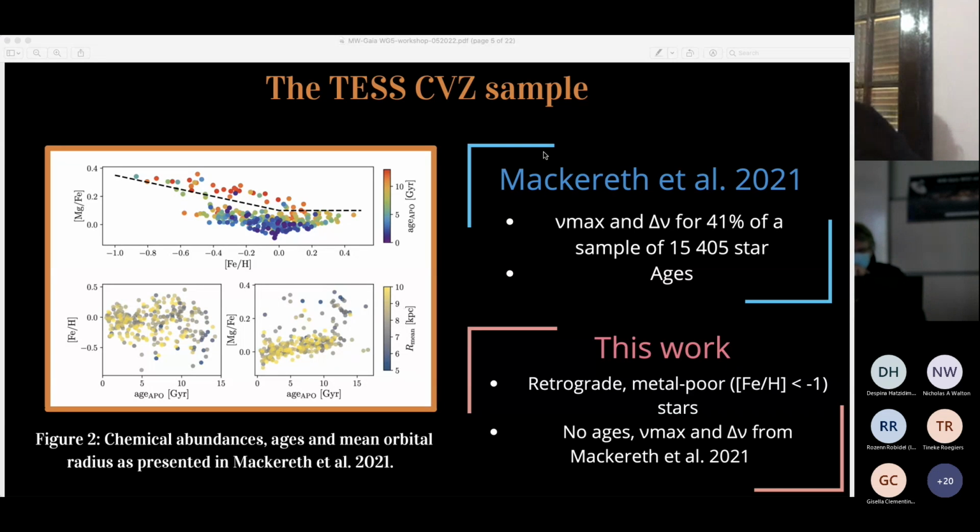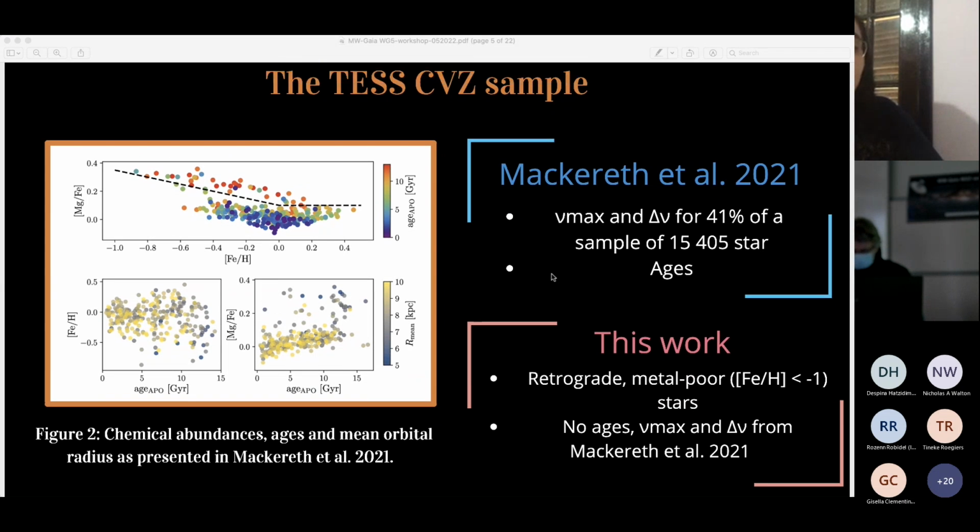Our idea in this work is to explore the retrograde stars present in both Mackereth and collaborators and the TESS CVC catalog, which means that we would be exploring metal-poor TESS stars, because if you see here in figure 2, reproduced from Mackereth and collaborators 2021, when they give ages in that work, they are usually working in a higher metallicity regime than we would be working in here with retrograde stars.